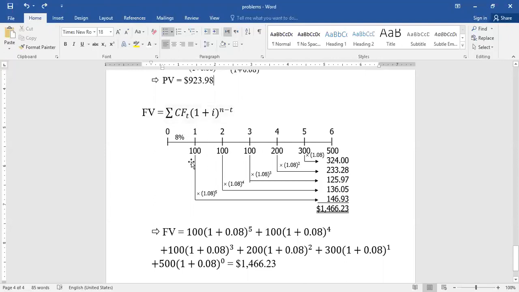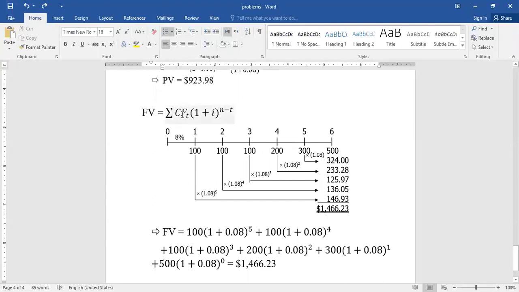So at year 1, t being 1, I'm going to receive $100. Now to find the future value of this $100 payment, I need to multiply it by 1 plus i. So my cash flow is $100 at time t equal to 1.